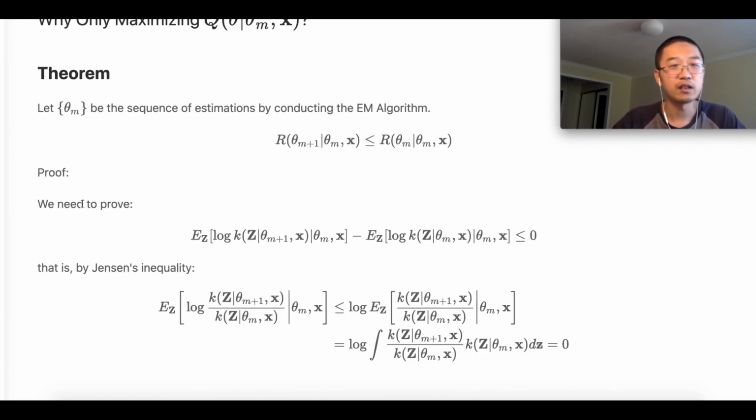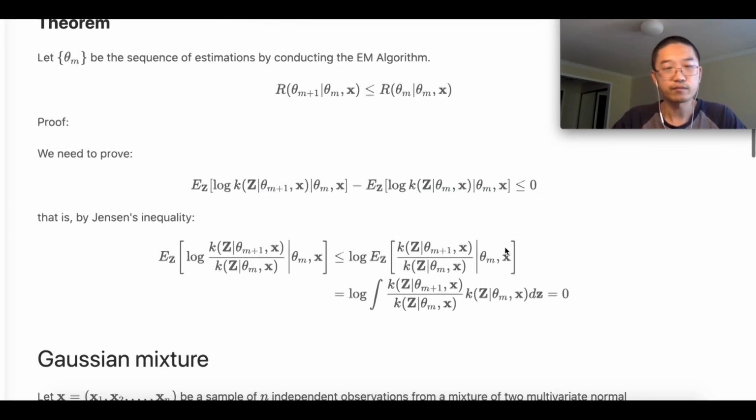Let's try that here. This is the definition of R. We need to prove that the expectation of z given theta m and x of the log of function k at theta m plus 1, minus the expectation of z given theta m and x of the log of function k at theta m, is less than or equal to 0.